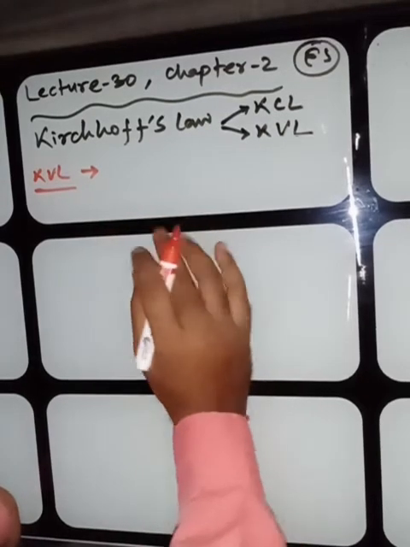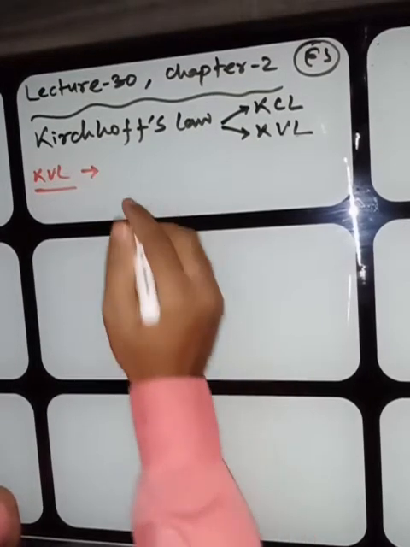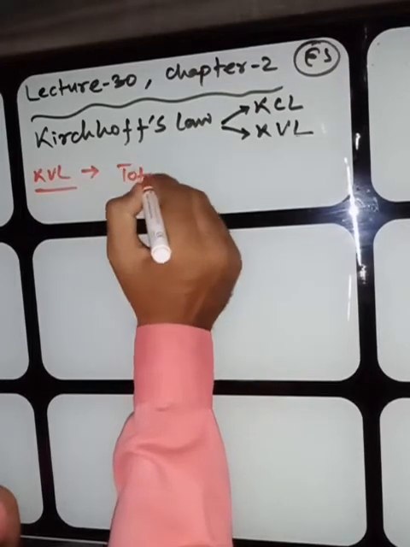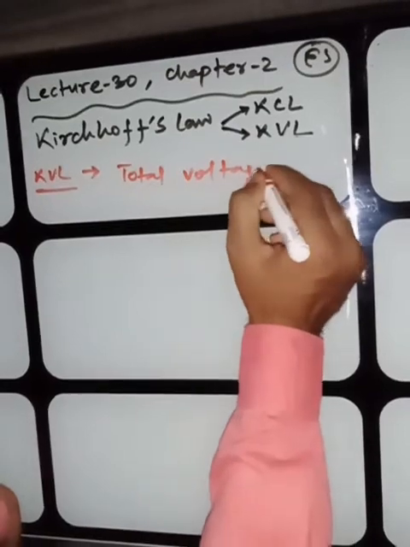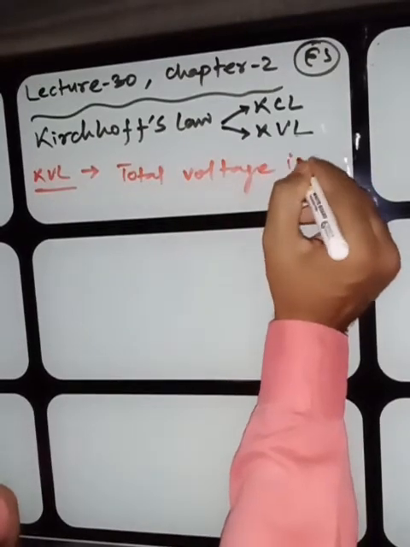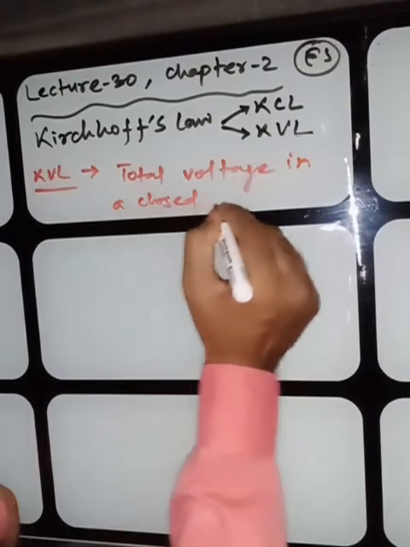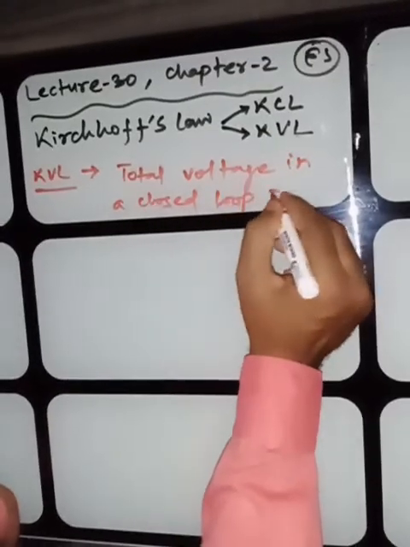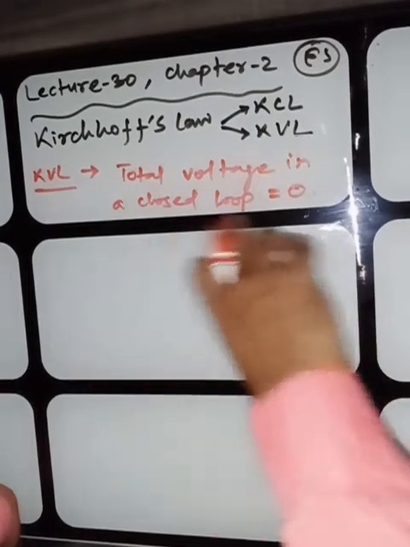In this law, Kirchhoff has given the concept that the total potential, or voltage, in a closed loop must be equal to 0. Loop means the closed circuit.